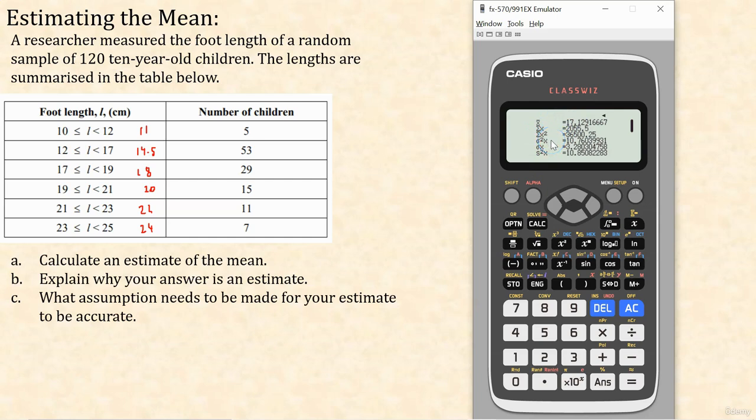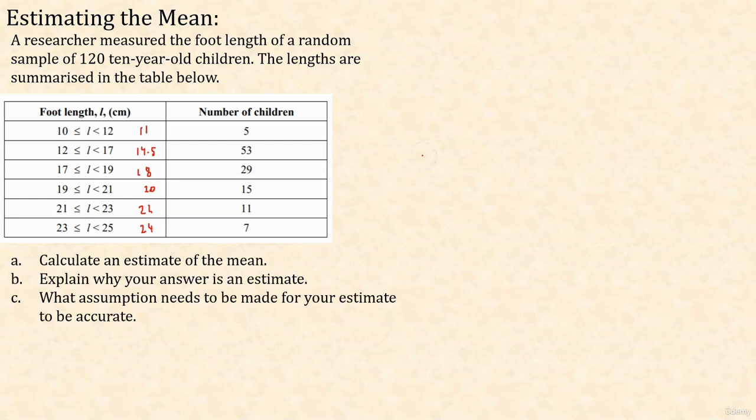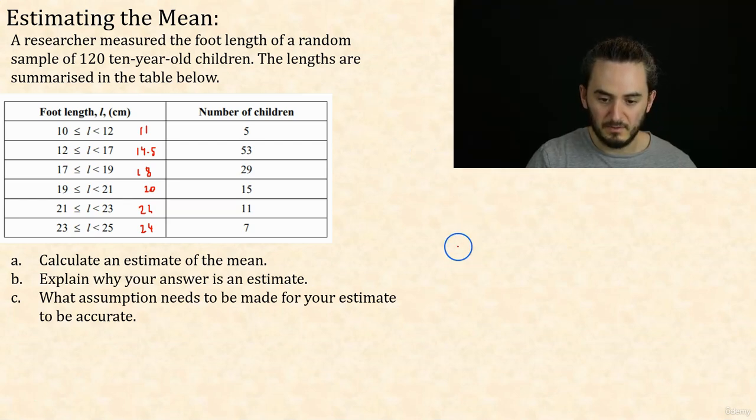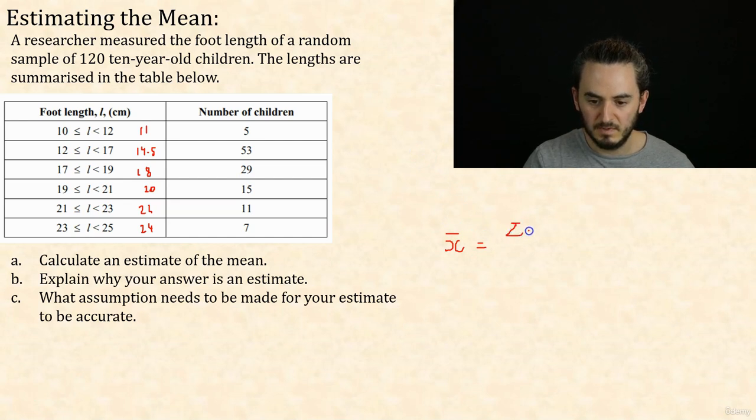So if you were going to be using the calculator to solve this, it's these values that you need to take a note of. Remember, the working that you need to show is as follows. You need to show that you understand that the mean is calculated by taking the sum of the x's and dividing by n.